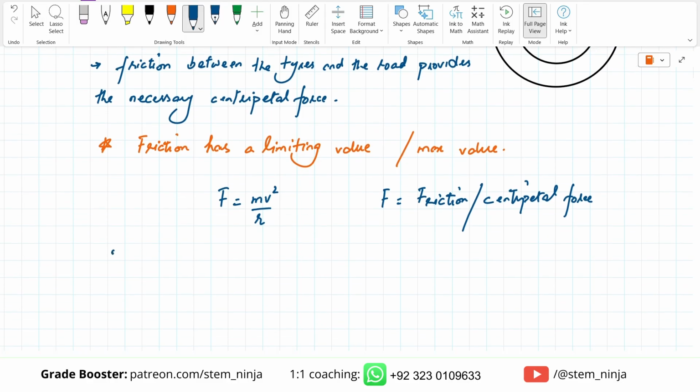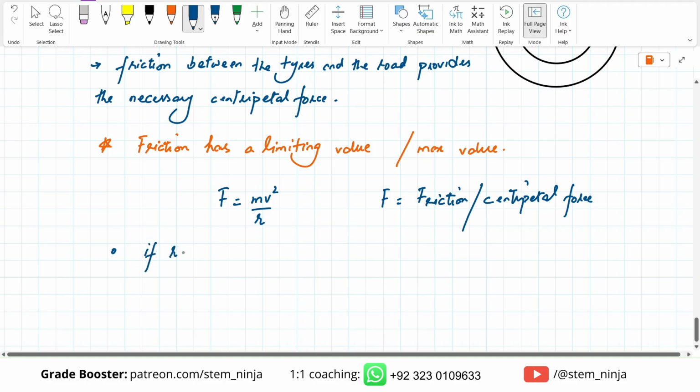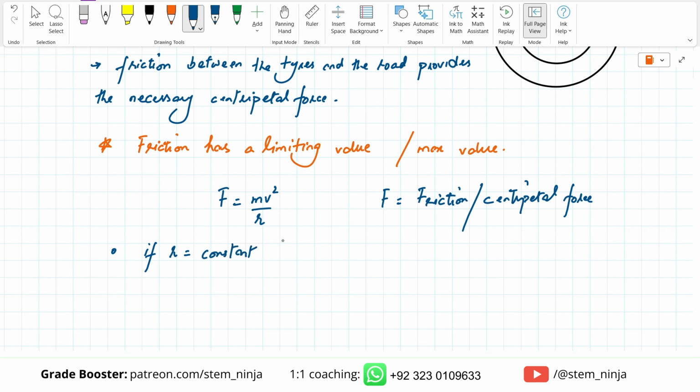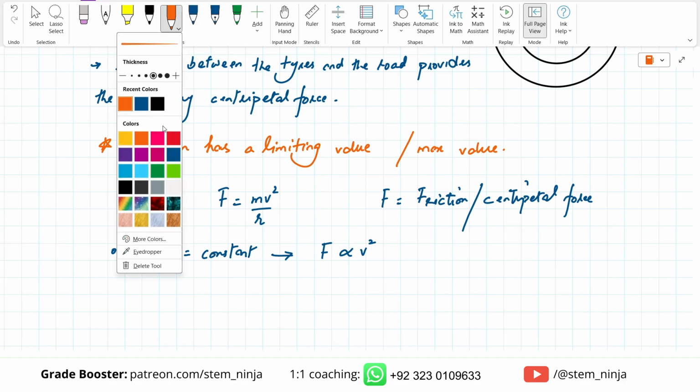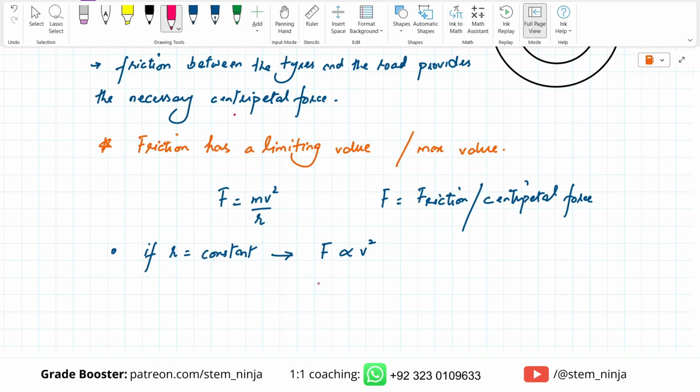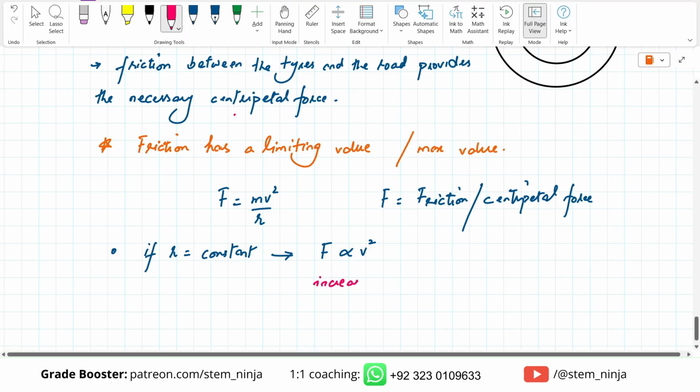So the way to look at it, if r is constant, if the driver is keeping a constant radius, and obviously m is also constant, then F is directly proportional to the square of velocity, which simply means that increasing velocity would increase friction.